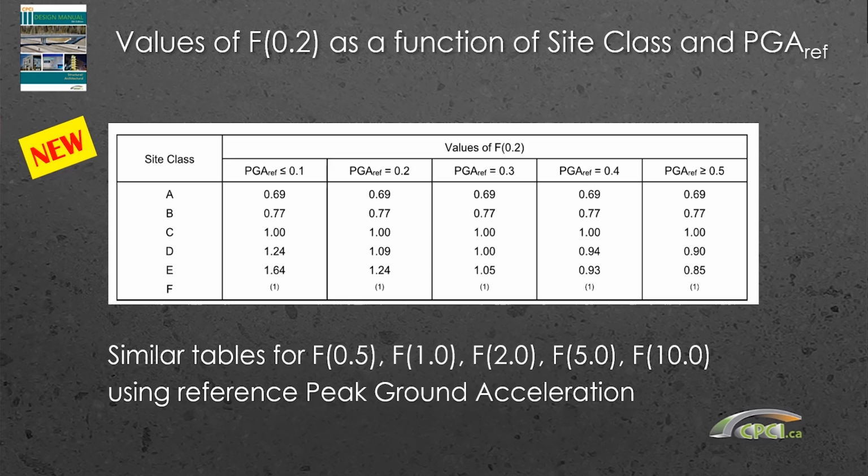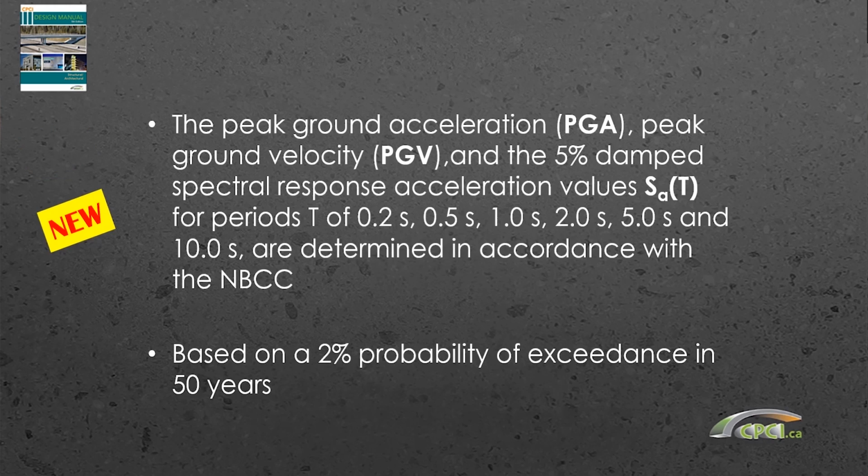So that's a new F value that needs to be used in conjunction with the peak ground acceleration reference and the peak ground velocity, and basically the 2% probability of exceedance in 50 years is still the same, which I think was a period of 1 in 2,400 years or something like that. But basically just the approach has changed due to the additional understanding of the earthquake effects in soil.